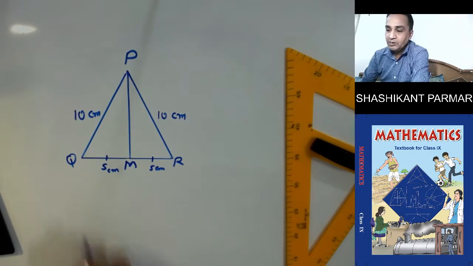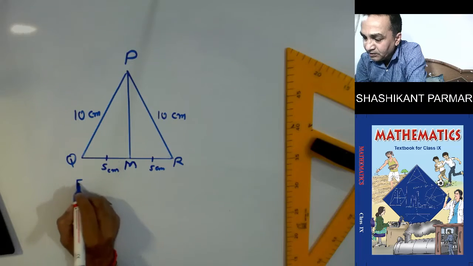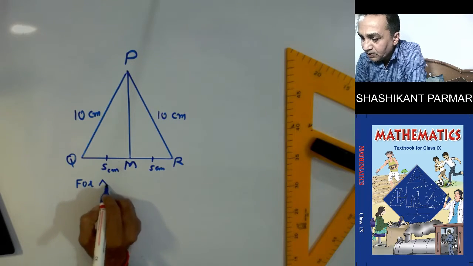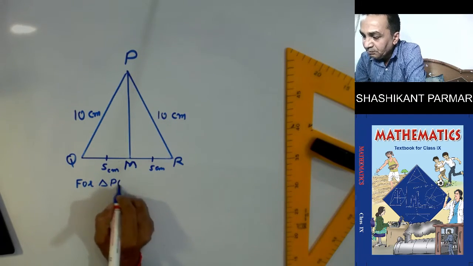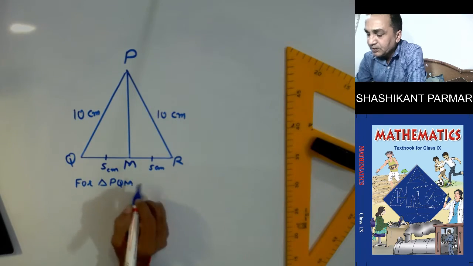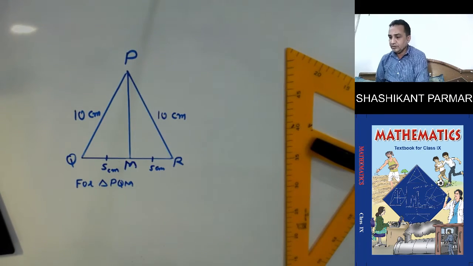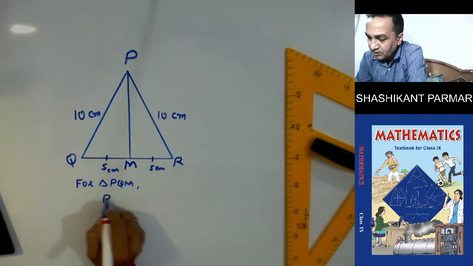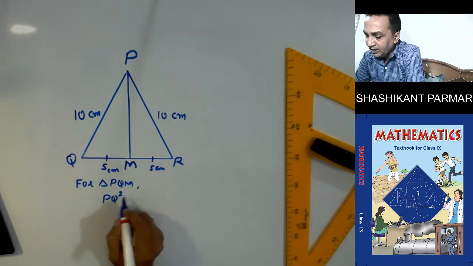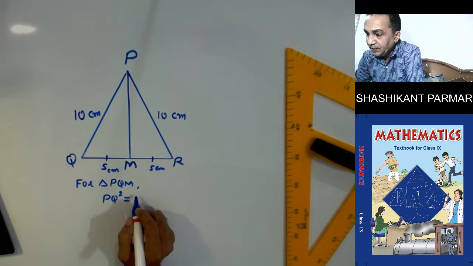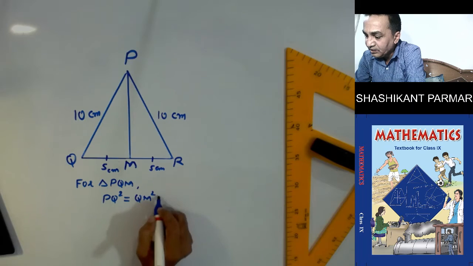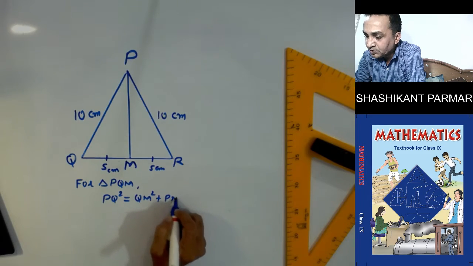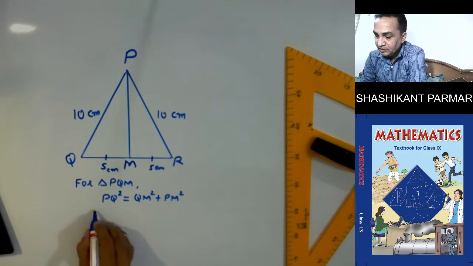So for triangle PQM, PQ square is equal to QM square plus PM square.